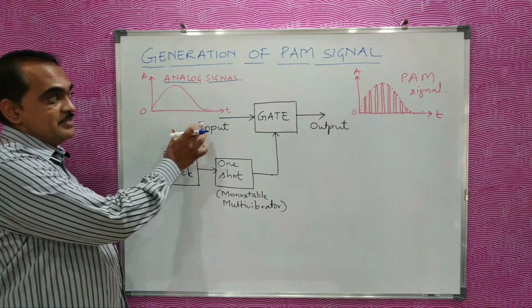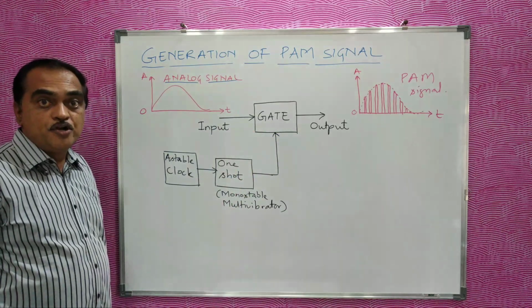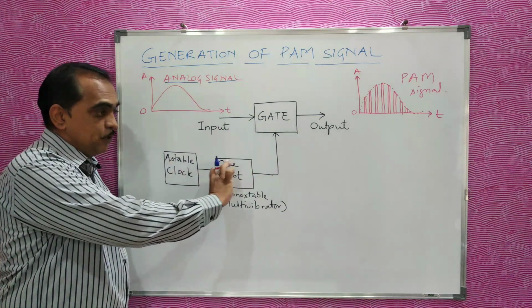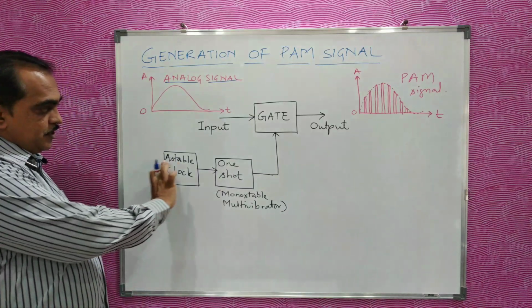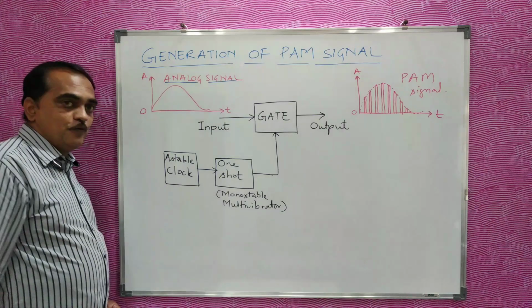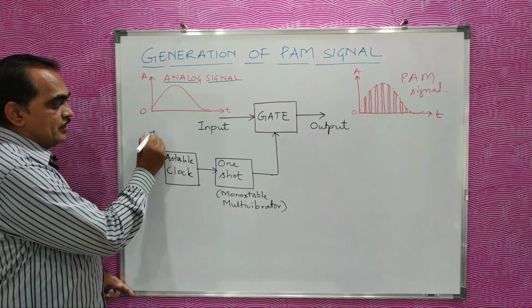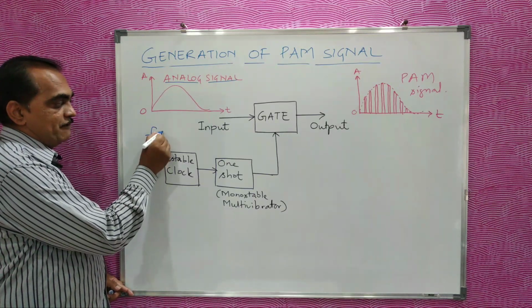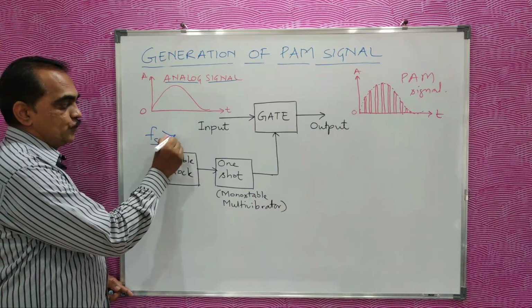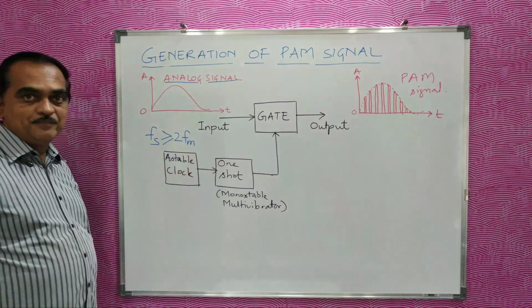Now this input is given to a gate, and that gate will be enabled or disabled with the circuit below. Here you have an astable clock. This astable clock will produce a train of pulses at a frequency, that is the sampling frequency fs, greater than or equal to twice the highest modulating frequency.